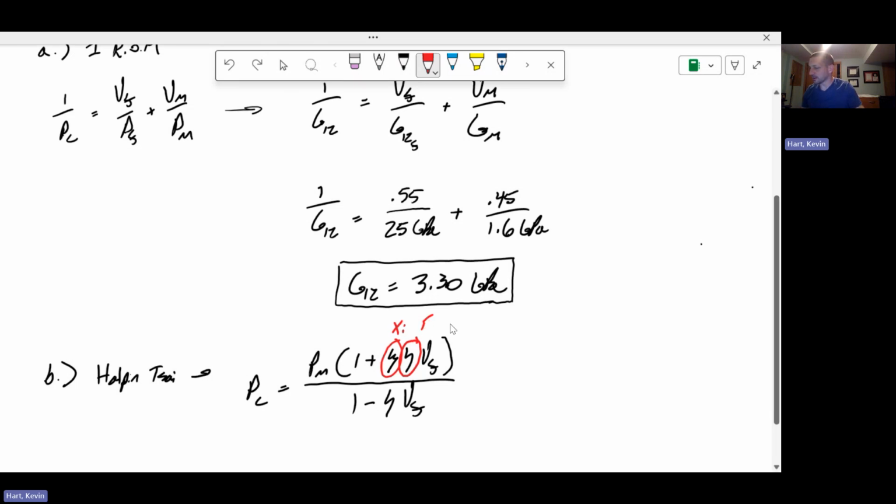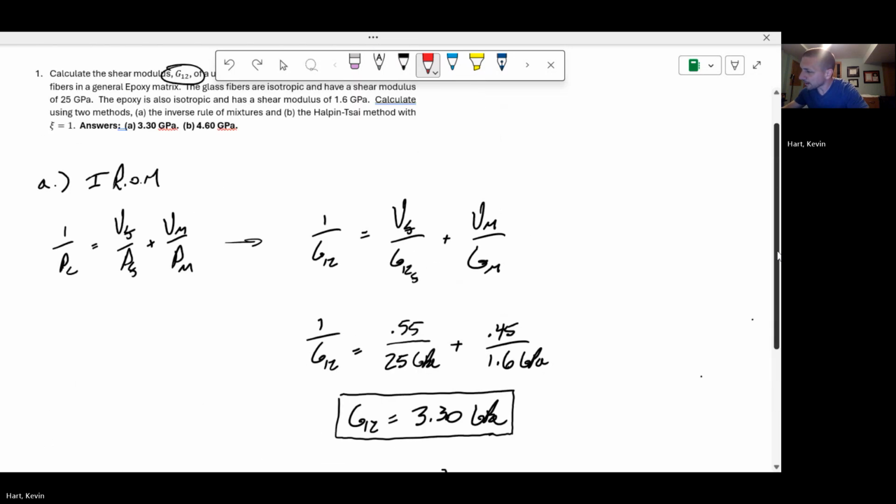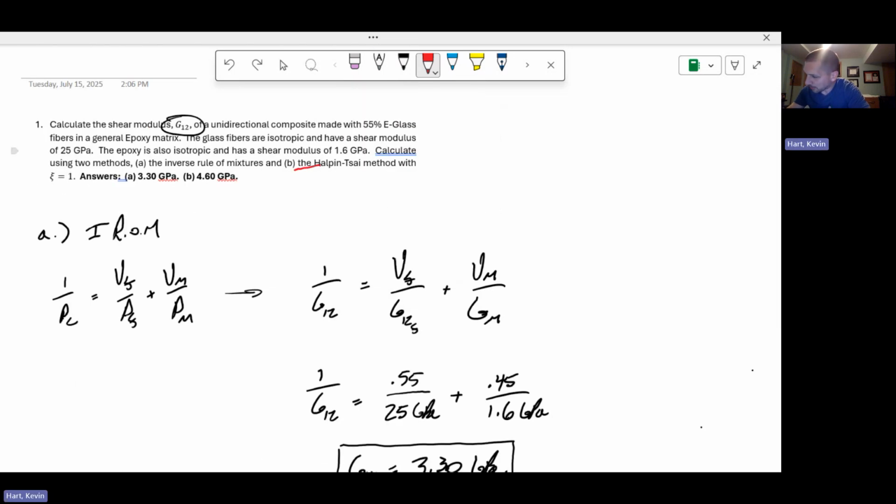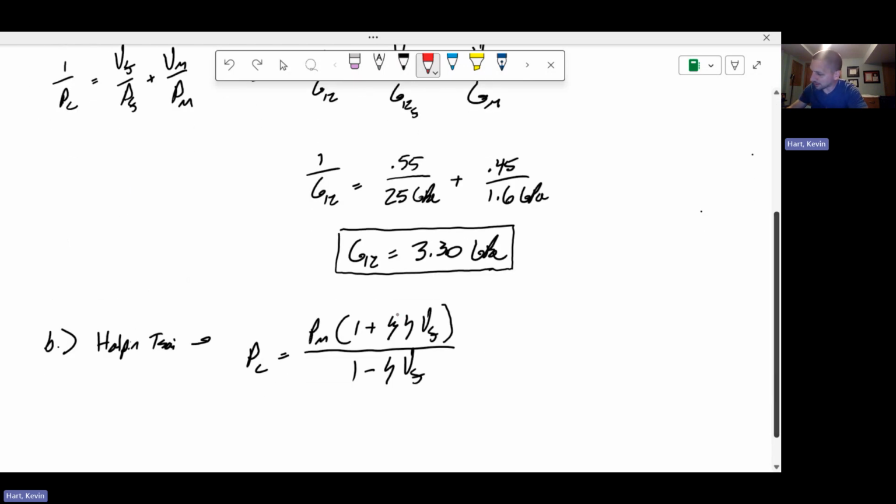If you look back at the problem statement, we're looking for shear modulus. And for part B, it says use the Halpin-Tsai method with xi equal to 1. So we know that xi is going to be equal to 1. But we also have to calculate eta as part of this formulation. How do we calculate eta?